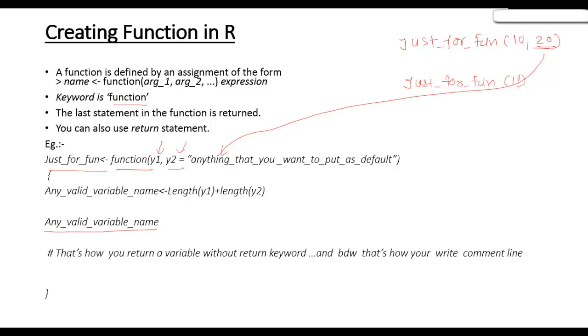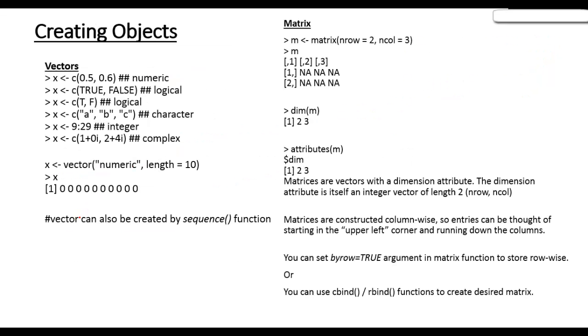Obviously you can use the return statement, but R also provides the facility that if you write just the name of the variable at the end of the function, then it will consider this as the variable to be returned, and it will return this variable.